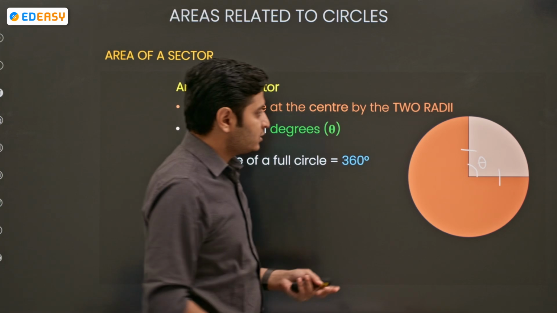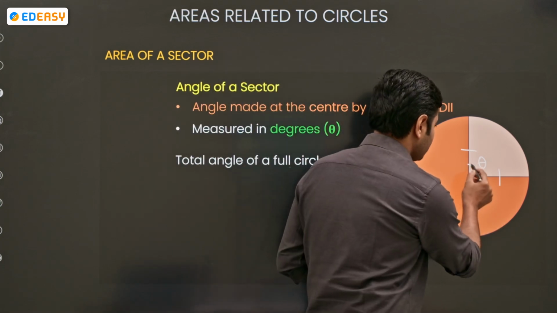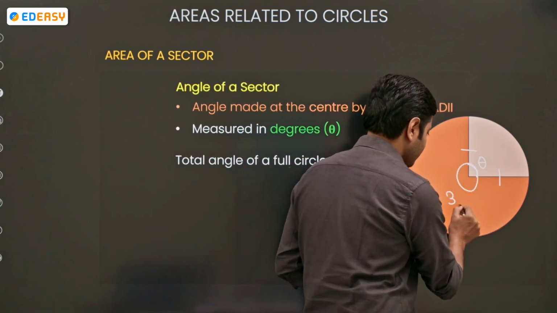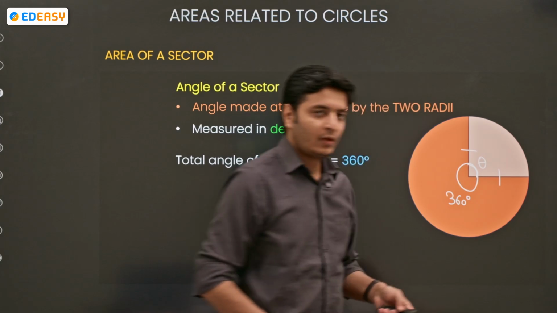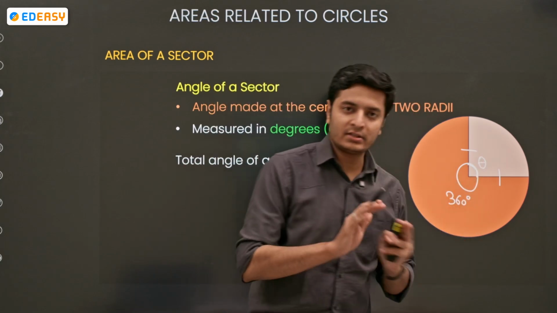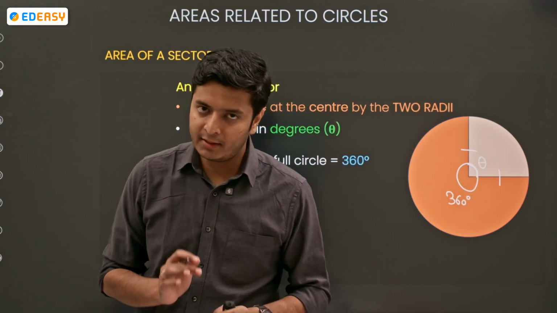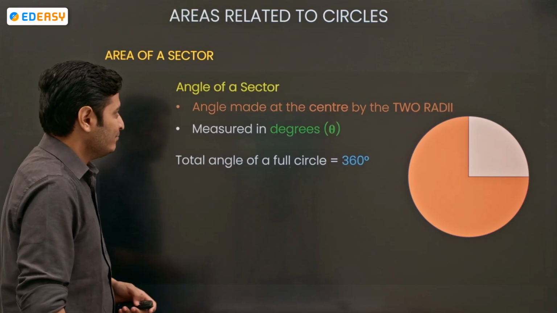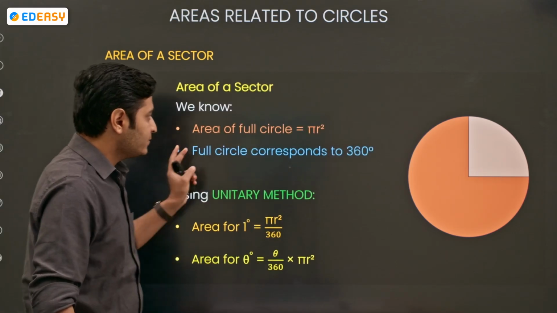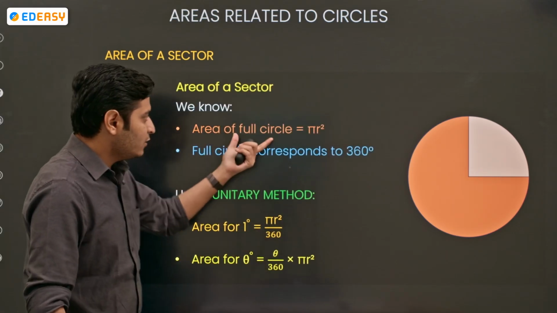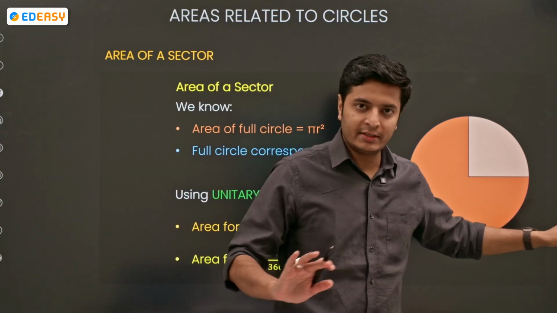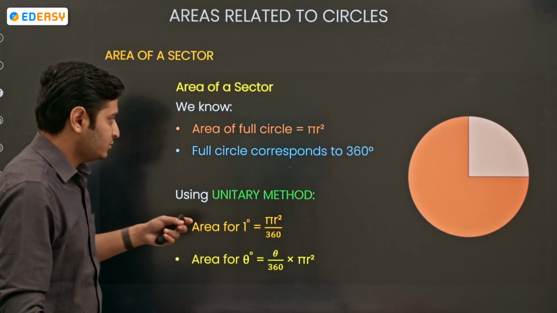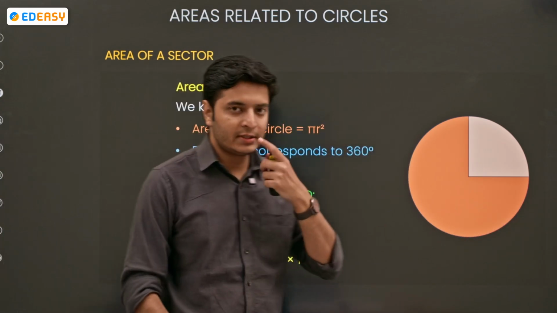Total angle of a full circle. In a circle, the full value is 360 degrees. So theta is a portion of this 360 only, correct? Now, the area of a full circle is pi r square. That is known. Understood? A full circle corresponds to 360 degrees.